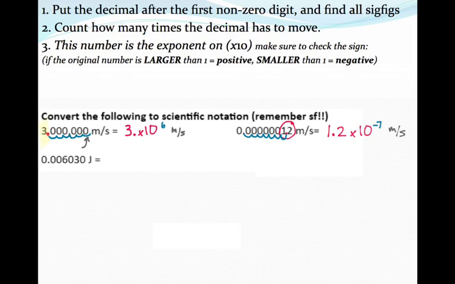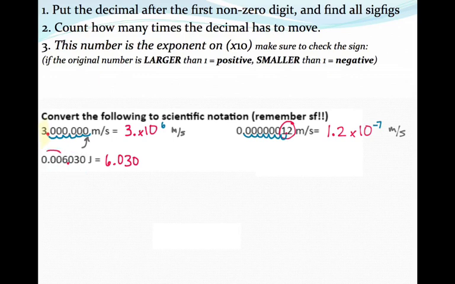So, one last example together before you do your part. I'm going to put my decimal after the first non-zero digit, and this time we are going to keep a couple of zeros. All of this is going to be our base because the sandwich 0 is of course significant, and this trailing 0 is significant because there's a decimal written in the number.